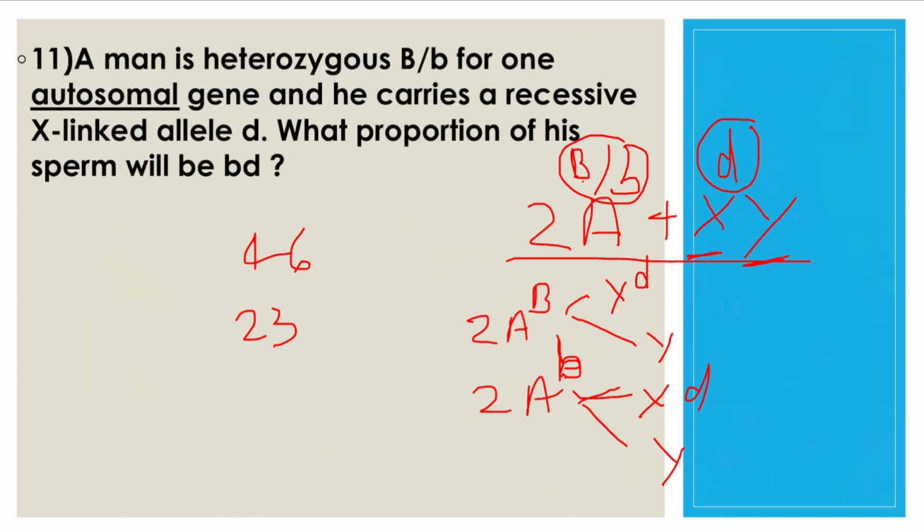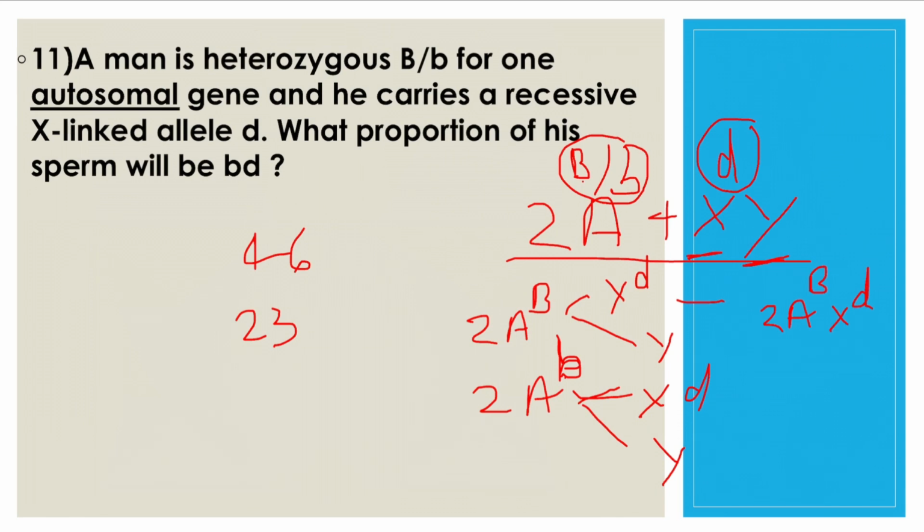Because this is a man, it will produce 4 types of sperm. In one sperm it will have A with capital B and X linked with d, because you know in gametes only one chromosome of each pair can go.